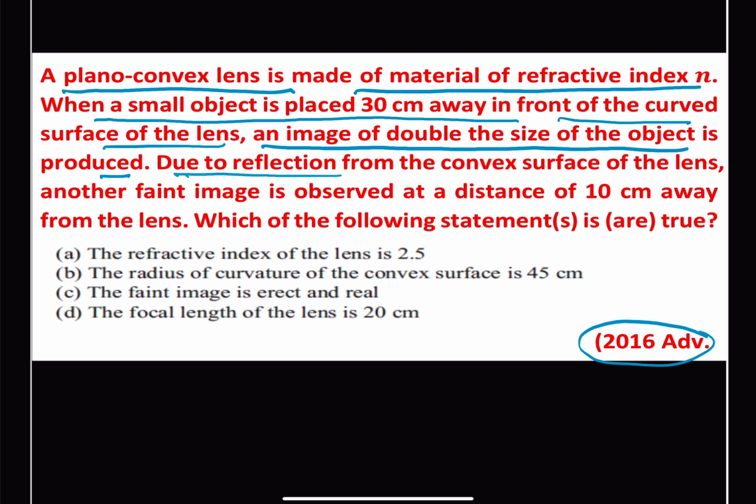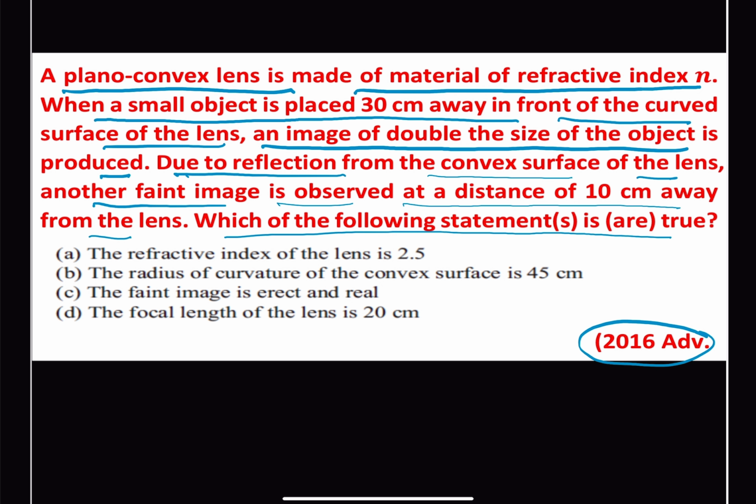Due to reflection from the convex surface of the lens, another faint image is observed at a distance 10 cm away from the lens. Which of the following statements is or are correct? So this is basically refractive index, radius of curvature, image, and the focal length, which we are going to find out.